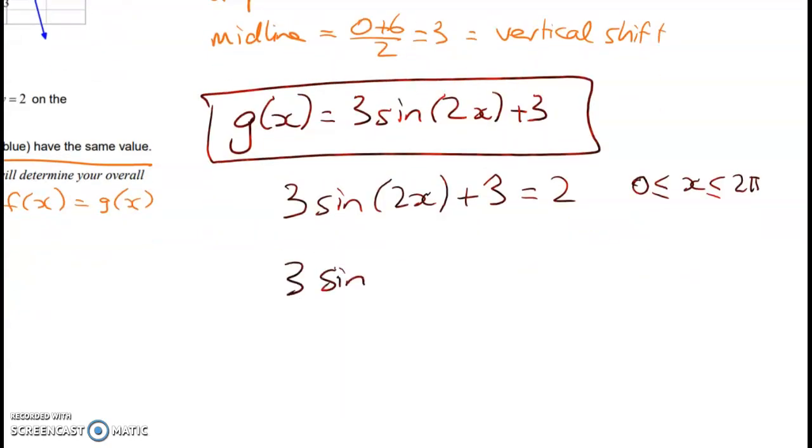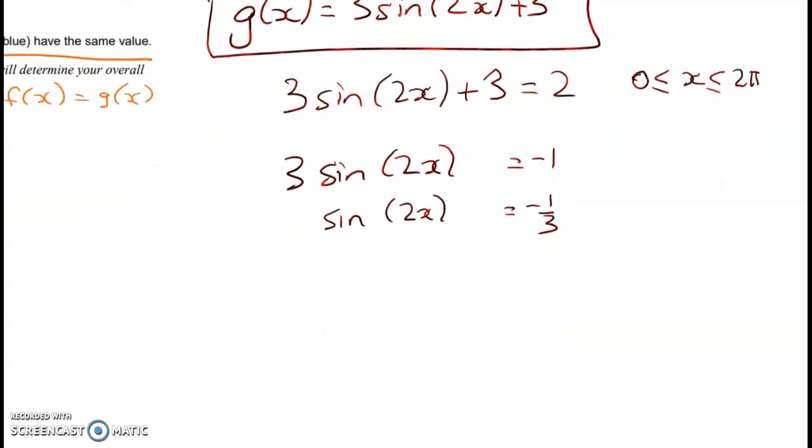Right, working through this line by line, we get 3 sine 2x is equal to negative 1. Sine of 2x is equal to negative 1/3. Now that tells me that I'm not working with exact values, because in my special triangles, I've got 1, √3 and 2. I don't have 1 and 3.